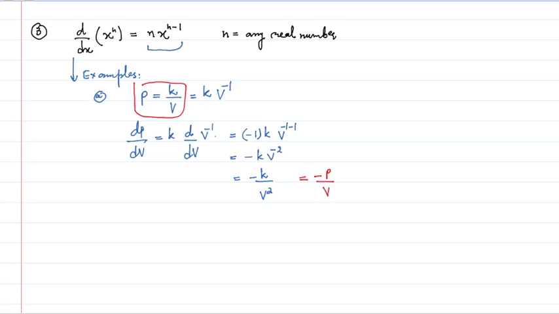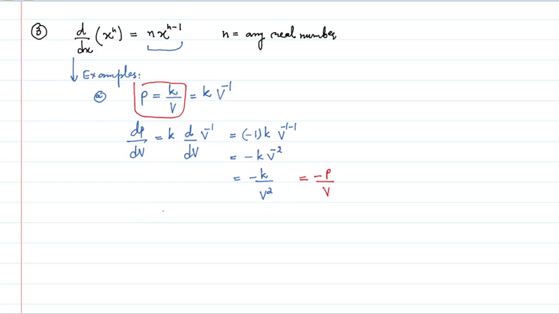That means we can also write dp upon dv, the differential of pressure with respect to volume, in terms of this. It is just an example to make you understand how an equation is transformed into another equation using the first differential of that equation.